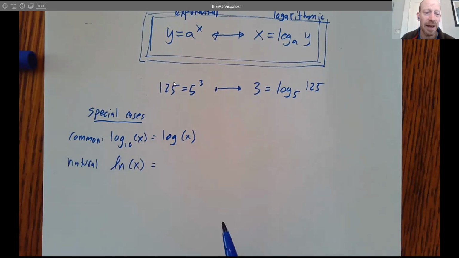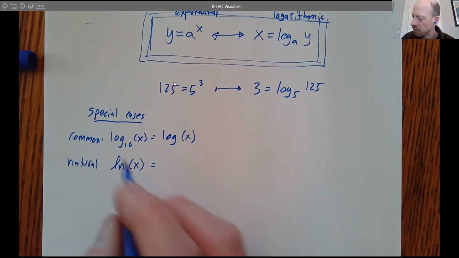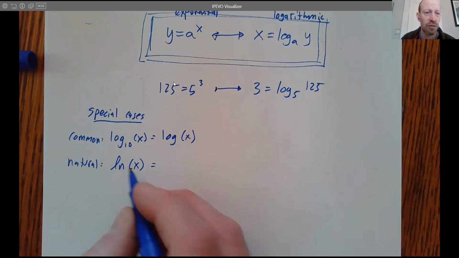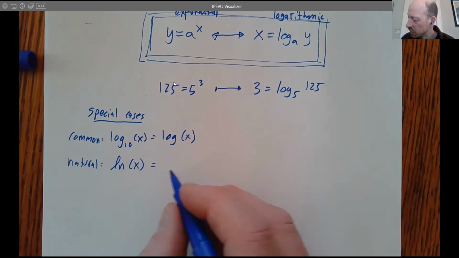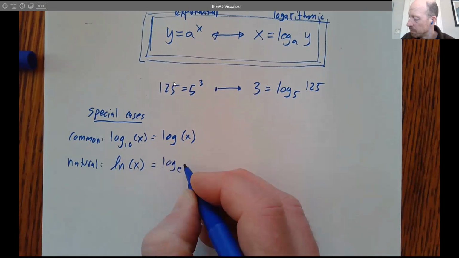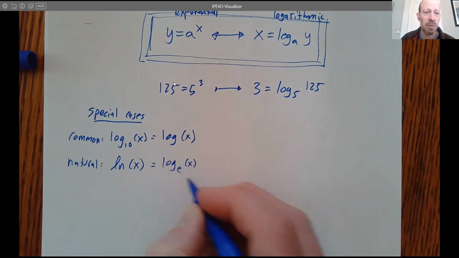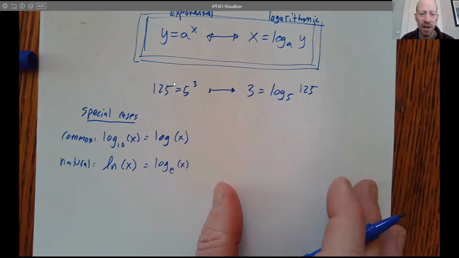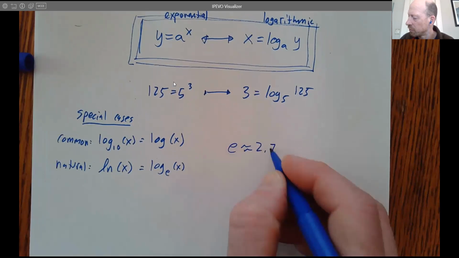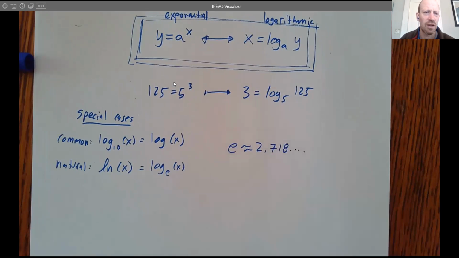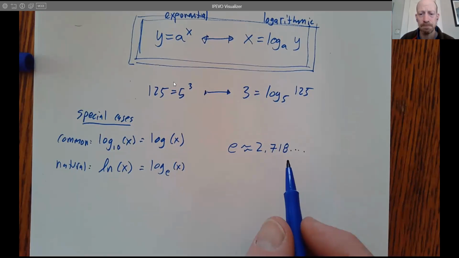The other one is called the natural logarithm, and sometimes written by hand with like a cursive ln. And this is the log base e. E plays a really big role in exponents and logarithms. E is approximately 2.718. It's an irrational number like pi or the square root of 2, but we can estimate it as this.